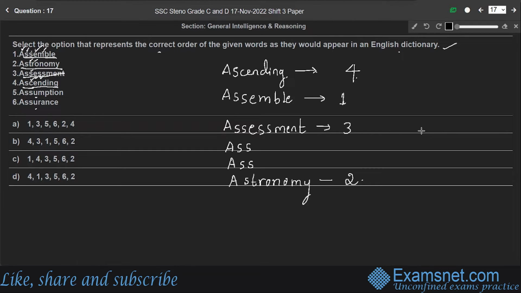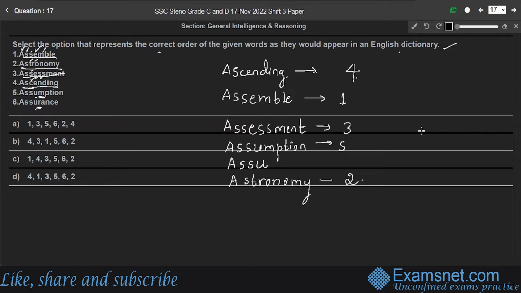We have assumption and assurance, fifth and sixth. In both words, we have U as the common fourth letter. So next consider the fifth letter: M in assumption, and R in the sixth word. M comes before R, therefore assumption comes before assurance.